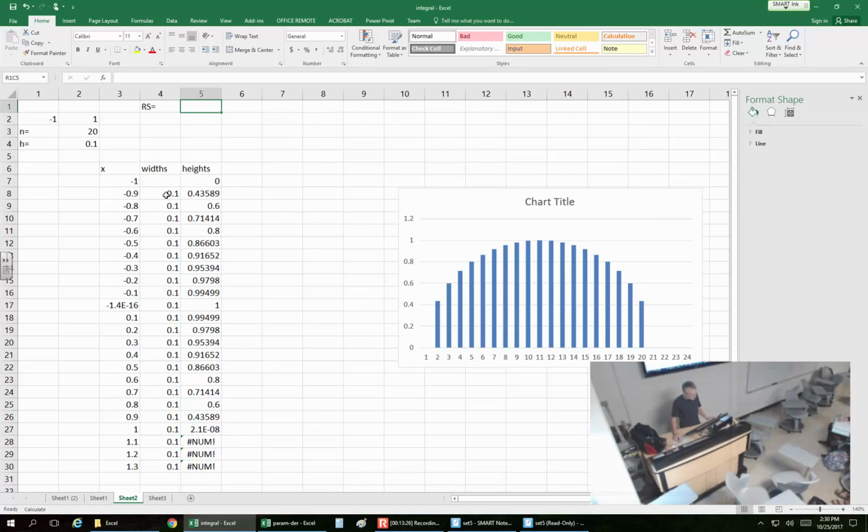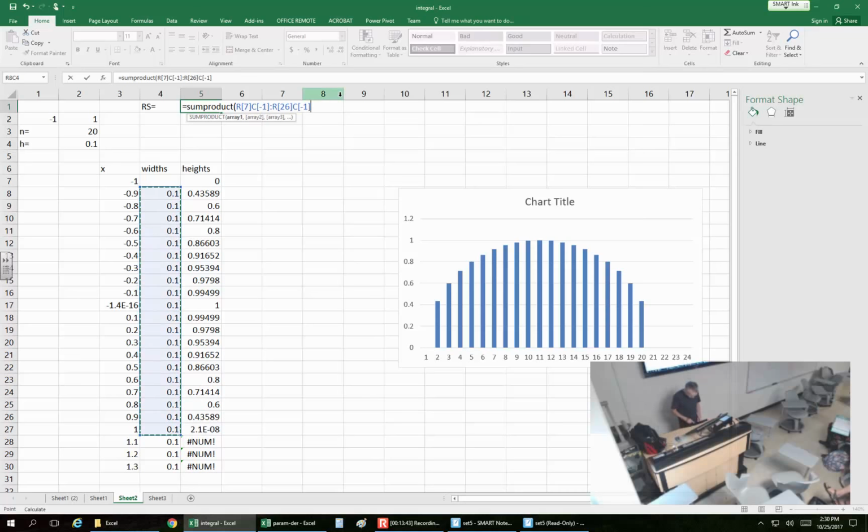Okay, so I exclude this one. It's called SUMPRODUCT. So two arrays. The first array will be the ones for the widths, and the second array is for the heights. Okay, that's all.